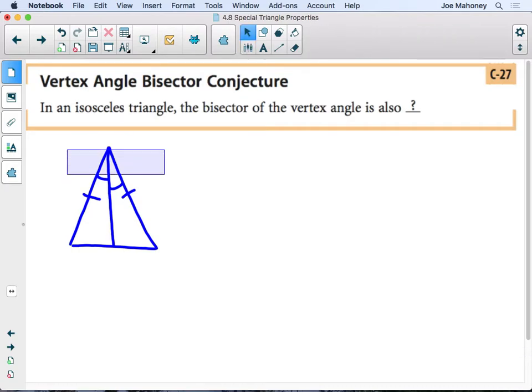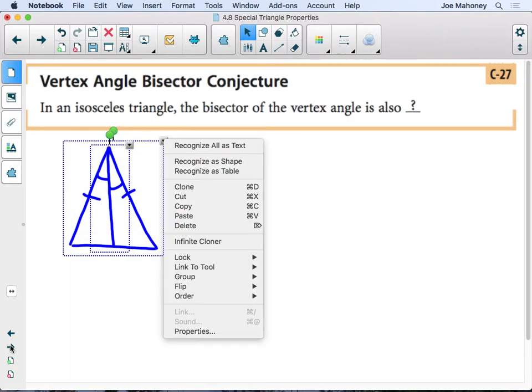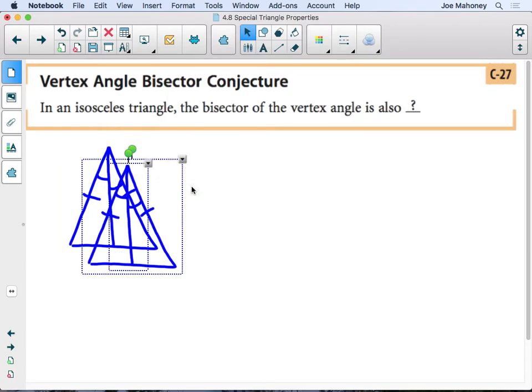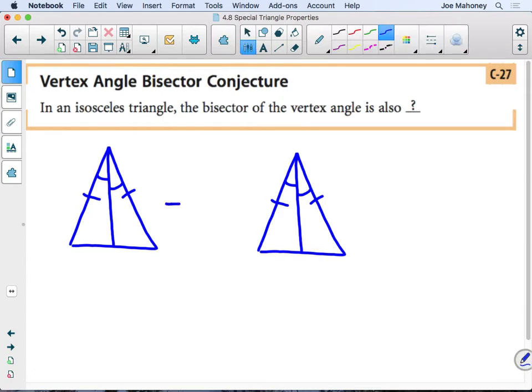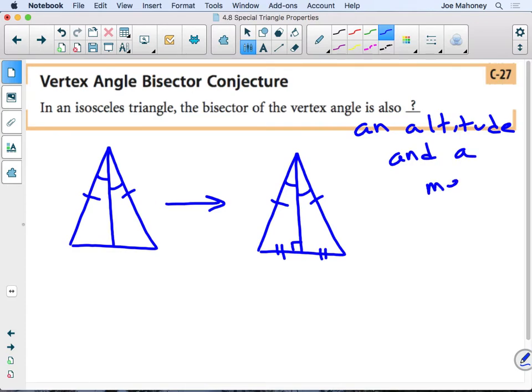Let me clone this thing again and slide it all over here. Great. If I know it's an angle bisector, I also know it is an altitude of the triangle, and it's also a median.